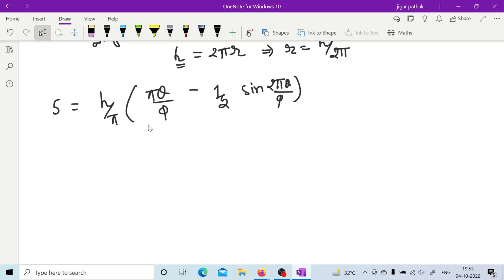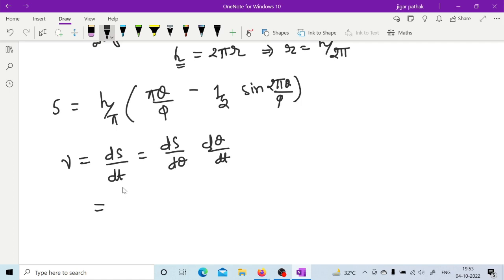So if you write the velocity, right, then velocity is ds by dt. So ds by dt means it is ds by d theta into d theta by dt. So here ds by d theta is h upon phi, because for the first term pi will cancel out and d theta by d theta will be 1.